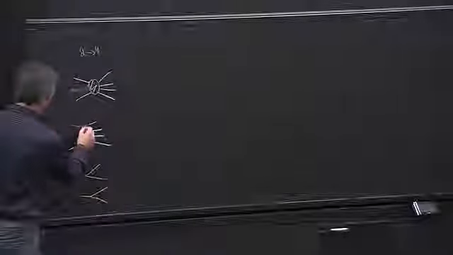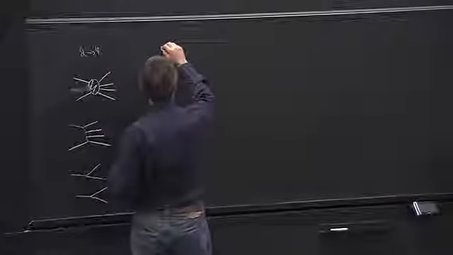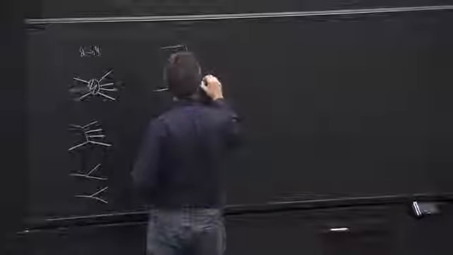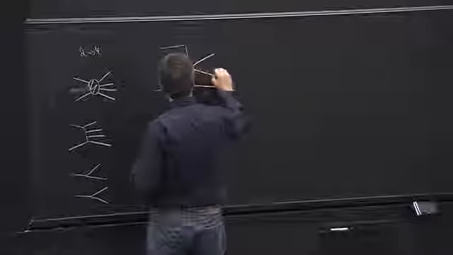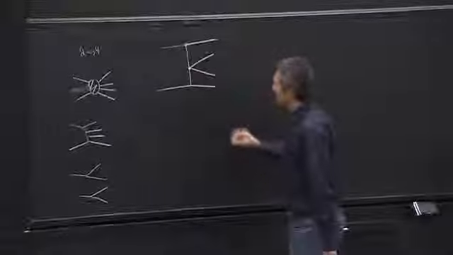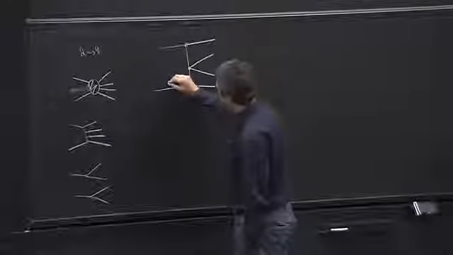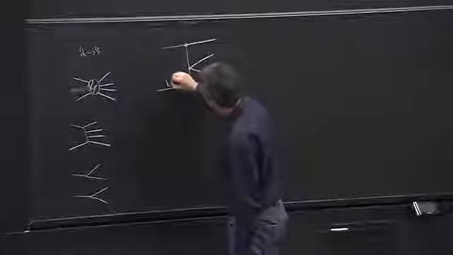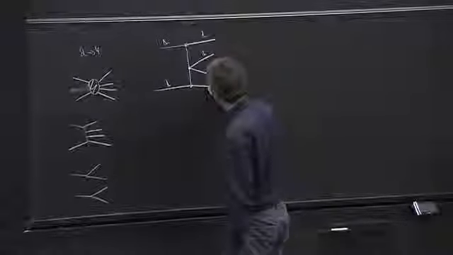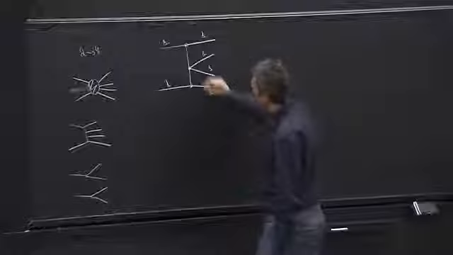let me draw this diagram, for instance, in more detail. In fact, in phi-4 theory, only this diagram would be possible. So in this diagram, this factor would correspond to 1. This would be 1. This would be 1. This would be 1. This would be 1. And this would be 1.